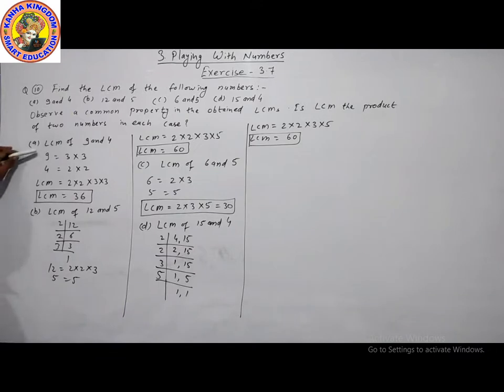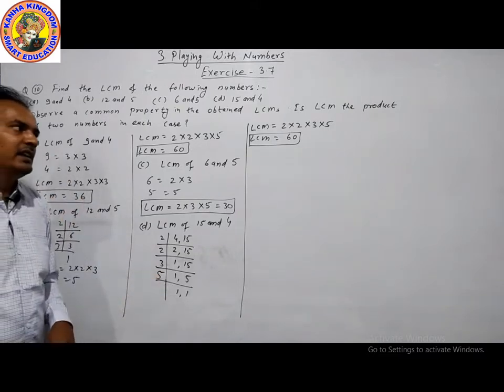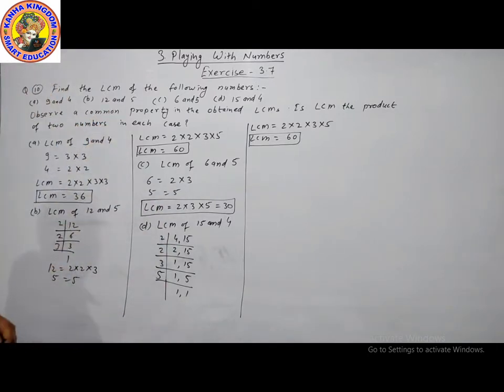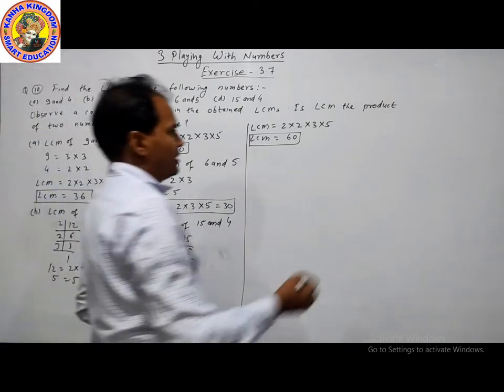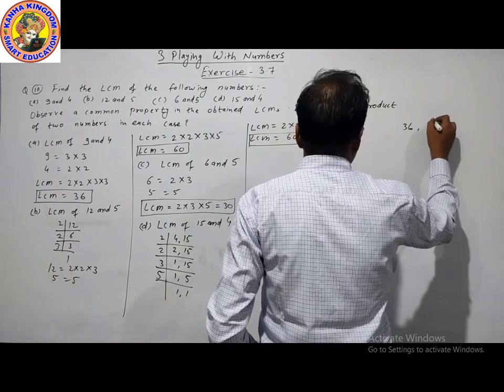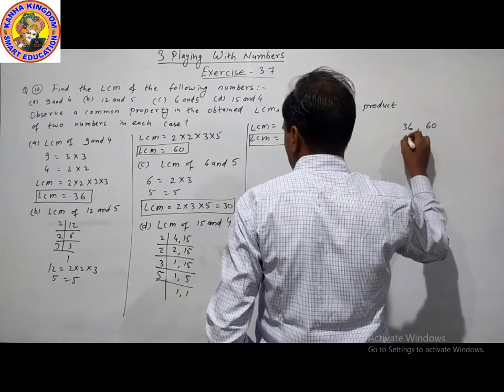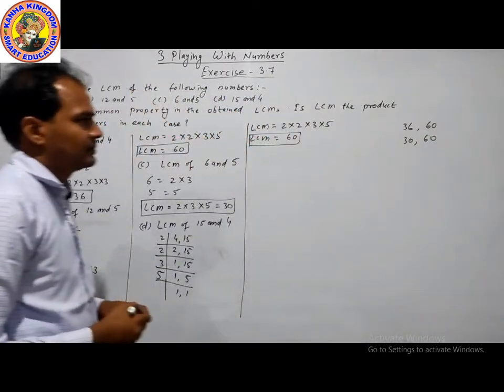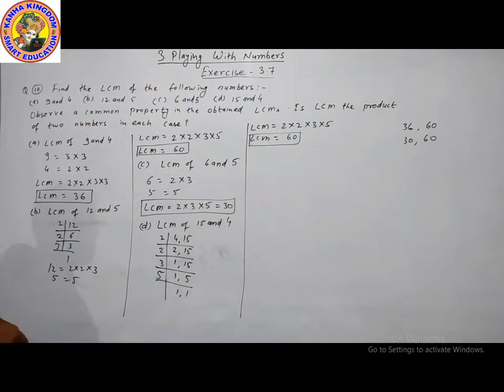You can find the LCM by prime factors or directly. These are the 4 LCMs: 36, 60, 30, 60.